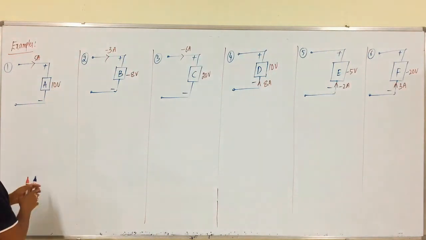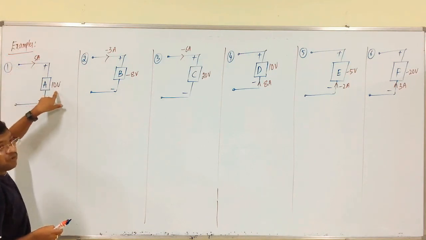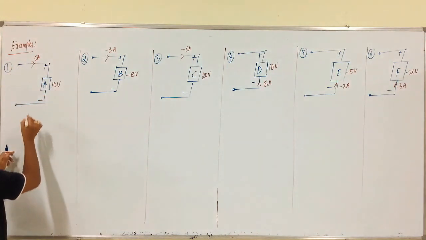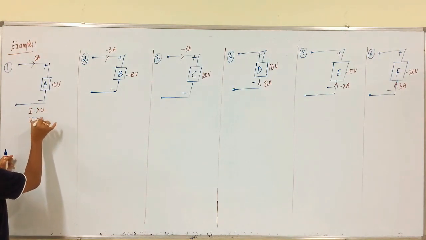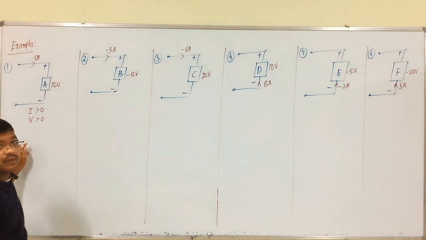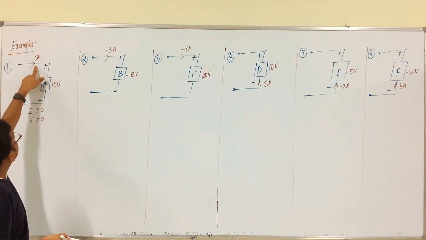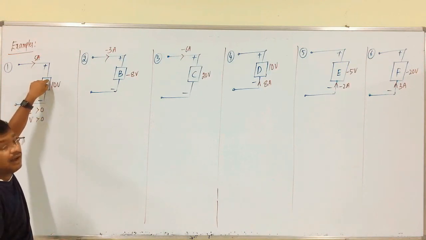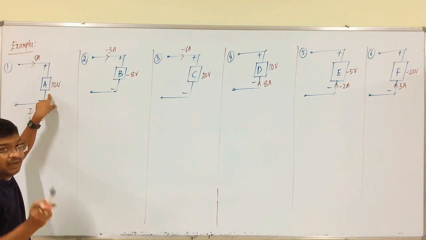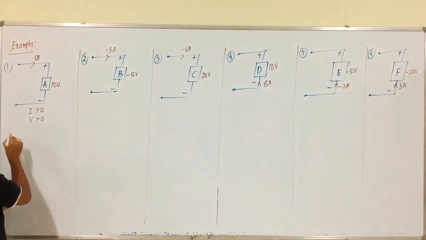Here the current is positive, voltage is positive, given I is more than 0, V is more than 0. The current is entering the positive terminal of an element and leaving from the negative terminal, meaning the power is absorbed by an element.